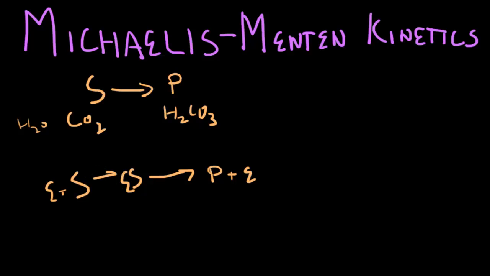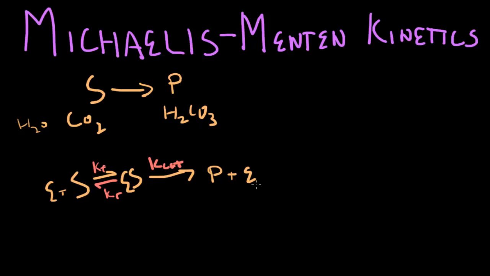The rate in which this goes forward we call KF, K of the forward reaction. The rate in which this goes backwards to the initial bit we call KR, K of the reverse reaction. And the rate in which the complex forms what you want, the product, we call KCat.